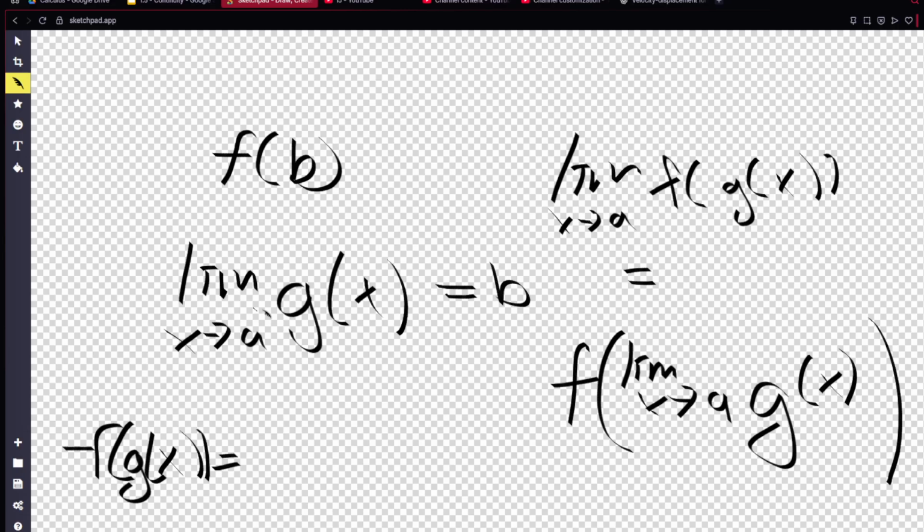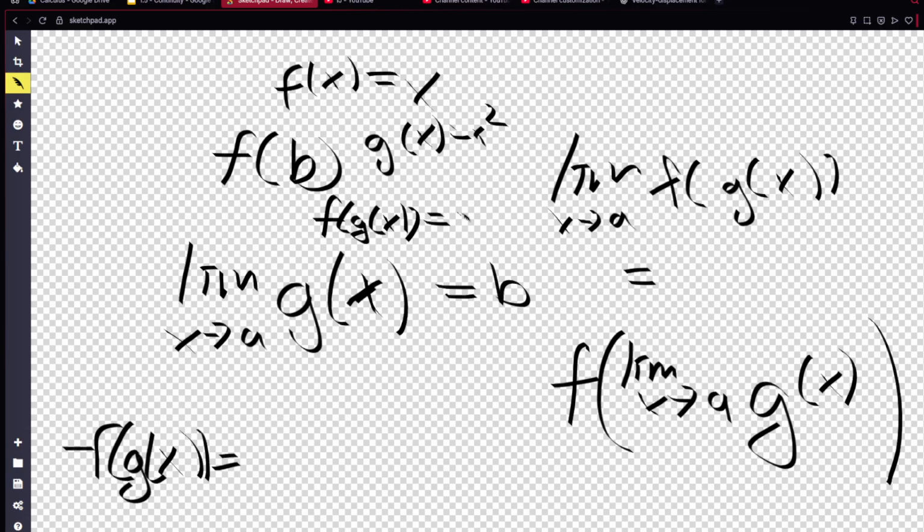So if the limit as x approaches a of g of x is b, remember that g of x becomes a completely new input. So if f of x equals x, and g of x equals x squared, then f of g of x would just be x squared. So that means if the limit as x approaches a equals b, then that would be the same thing as f of b. And that's defined. So this is why the rule is here.